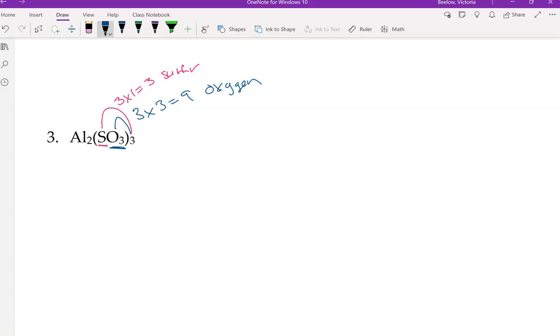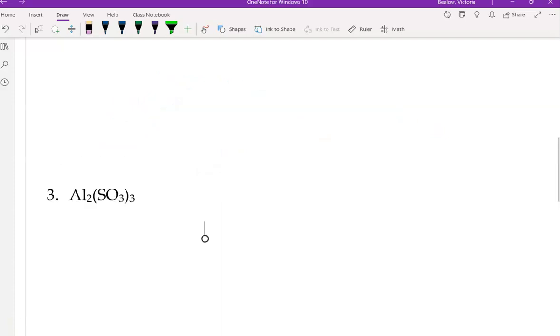Again, you can write it out like this: I have 3 of these, and figure out how many of each you have of those individual elements. Or you can distribute like this. And then lastly, I just want to mention for this problem, if you have 2 individual elements with no subscripts, you would just add their molar masses together. You don't have to multiply them by anything because they don't have any subscripts.